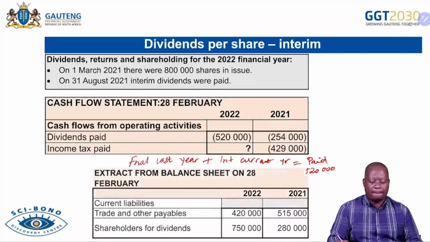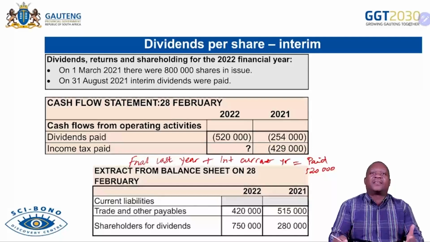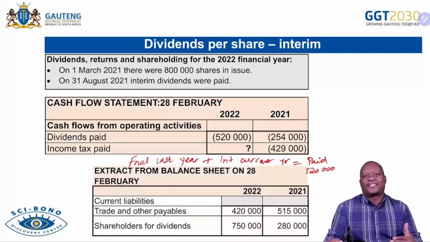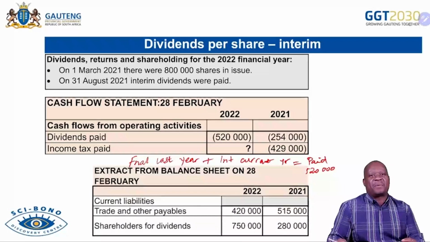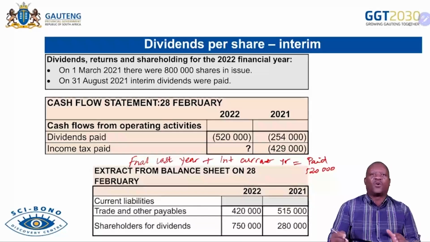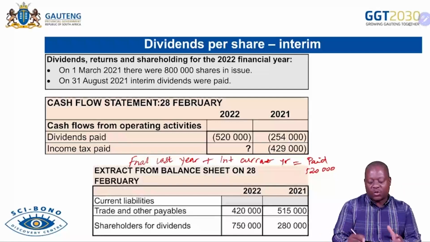There we are. Bingo. We are given an extract from our balance sheet. Shareholders for dividends. You still remember this item under our current liabilities. What does shareholders for dividends indicate? The final dividend. So the final dividend last year, which is in 2021, was 280.